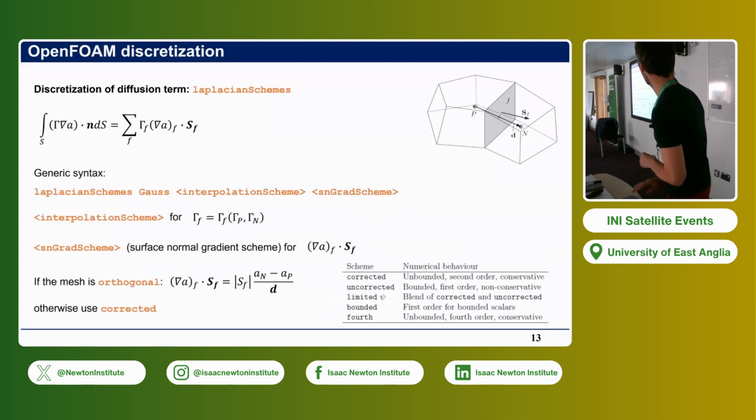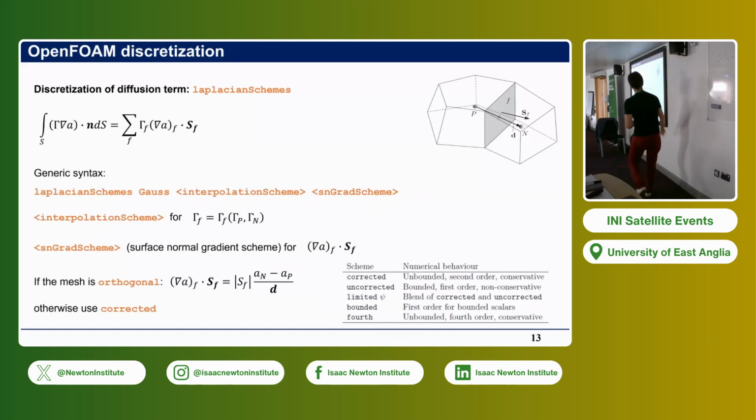For what concerns the surface normal grad schemes, you have a few available here. I'm showing, for example, the orthogonal case, where things are a bit easier. If it's a non-orthogonal mesh, then you should use some corrected schemes that take into account the fact that the mesh is not orthogonal.